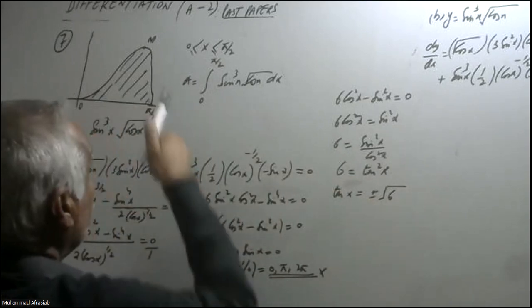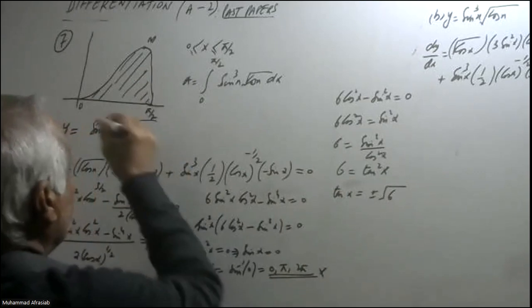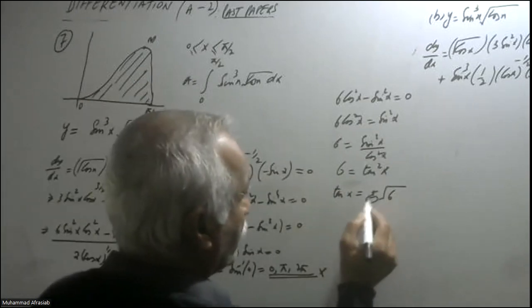But since M is the maximum point on the right side of the origin, the negative value will be ignored there.